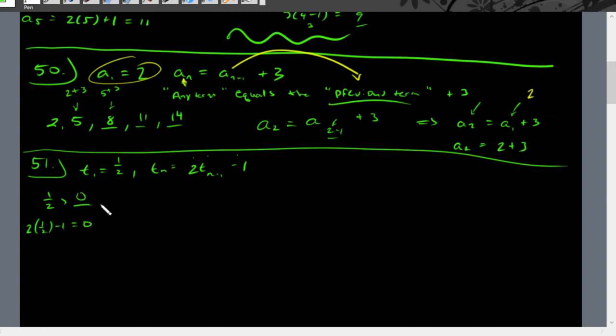All right, so you got 0. And then the next term is 2 times the previous term minus 1. So that's 2 times the previous term, 0, minus 1. That's negative 1. Then your next term is 2 times the previous term minus 1. That's negative 2 minus 1, which is negative 3.